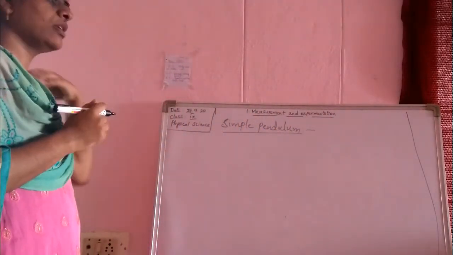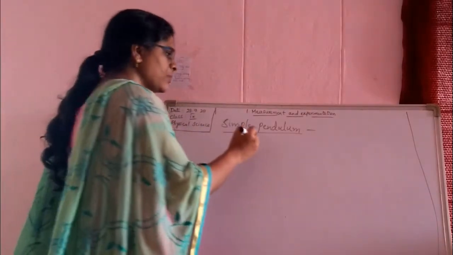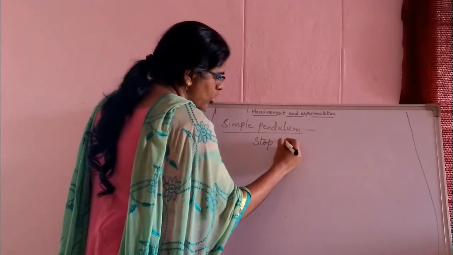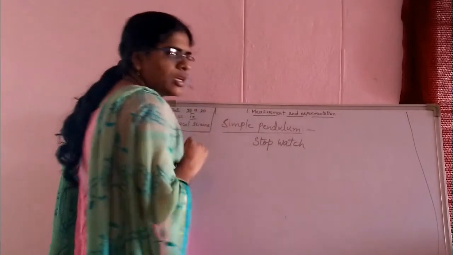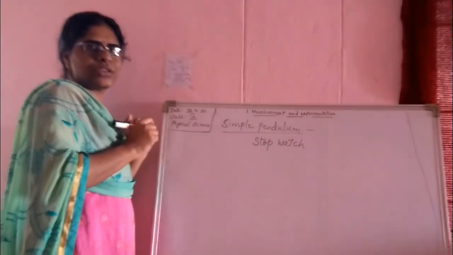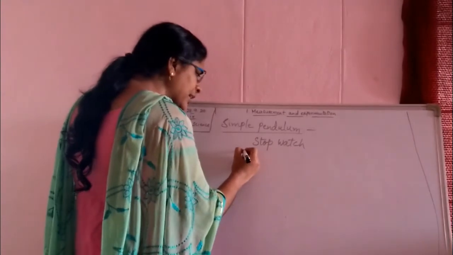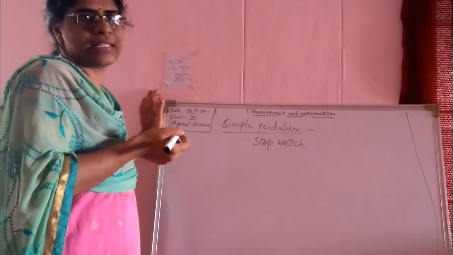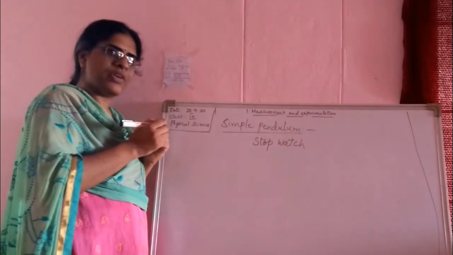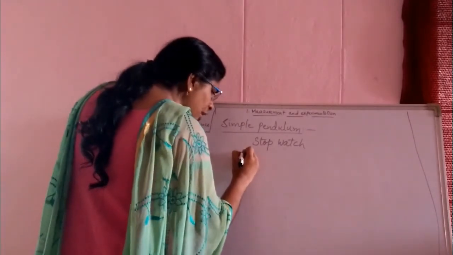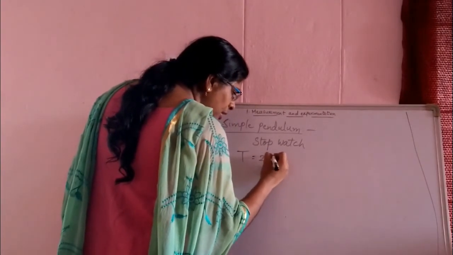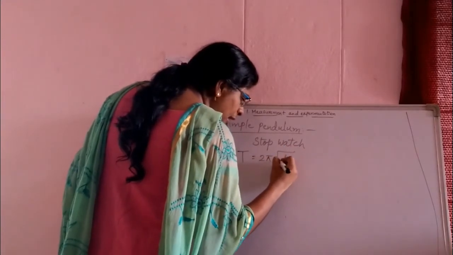Now, here before entering into the simple pendulum, you have already seen in the lab a stop clock or stopwatch. Now here the usage of the simple pendulum is to find the acceleration due to gravity at a given place. For this, you have a formula T equal to 2 pi under root L by G.